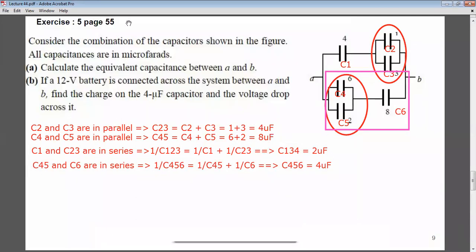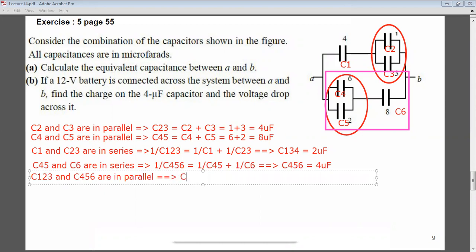So C123 and C456 are in parallel, implies C equivalent is equal to the summation of them, C123 plus C456, and this will give me 2 microfarad plus 4 microfarad, and this is 6 microfarad. So this is C equivalent.